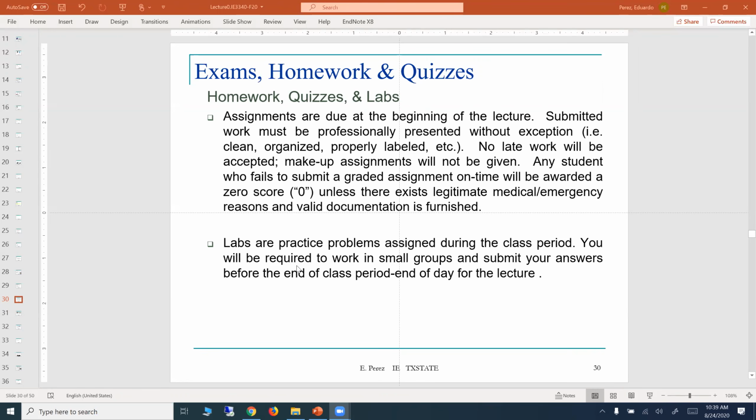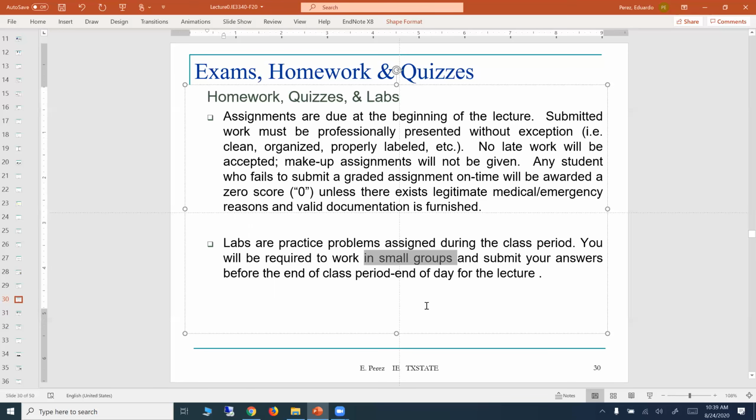So yes, this is a limitation that we're not going to be able to do the small groups in class, especially since all of us will be working in separate locations. So in this case, you will have to work individually for the labs.